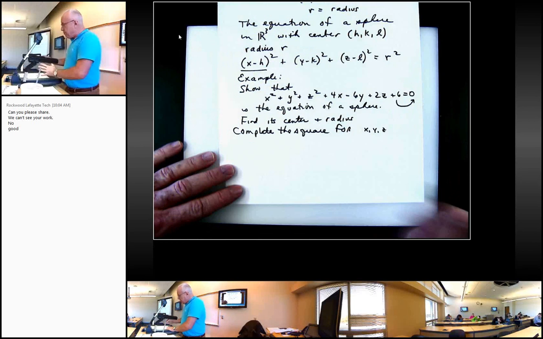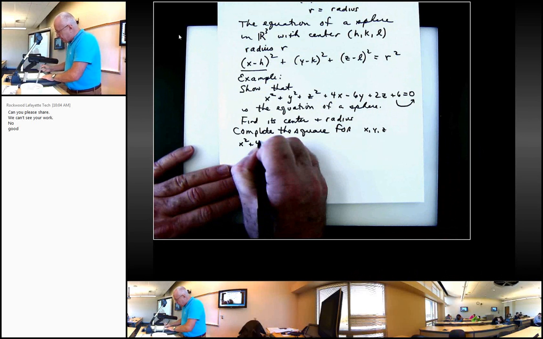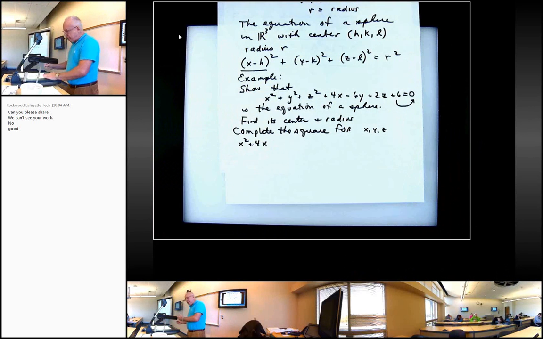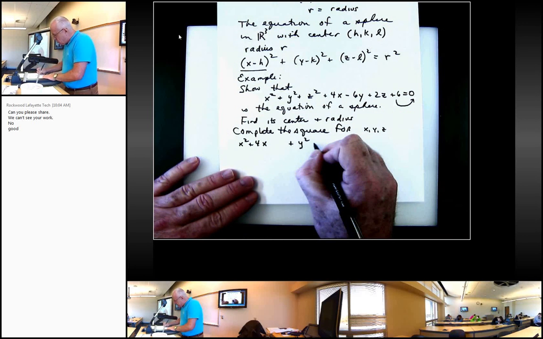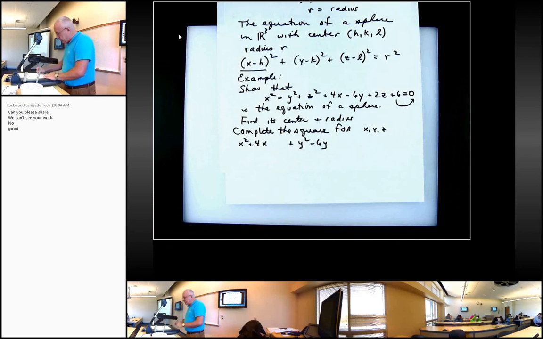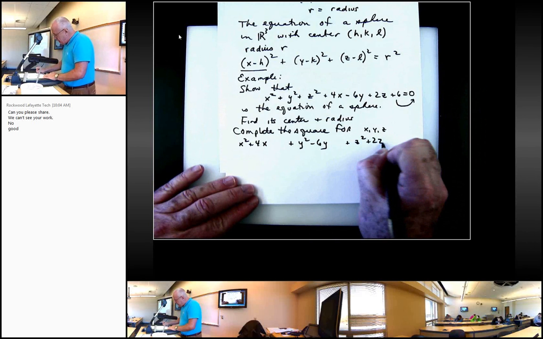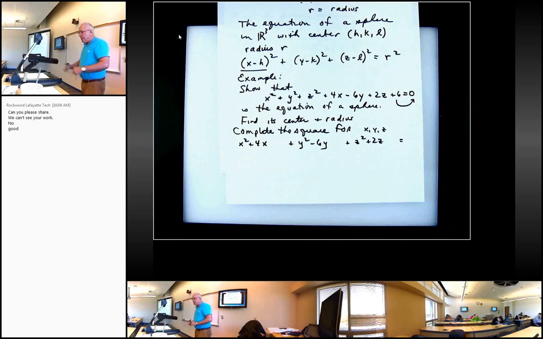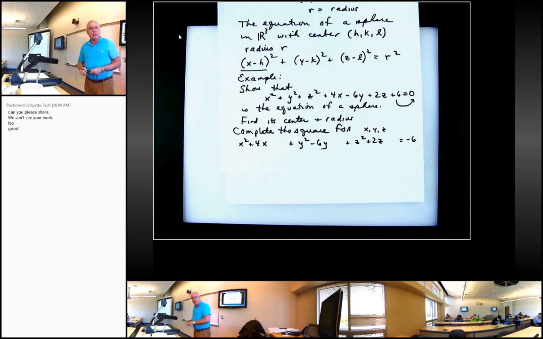So let's bunch all the x stuff together. We have x squared plus 4x, and let me leave a space. Then y squared minus 6y, and a space. Then z squared plus 2z, and a space. And then I'm going to move that 6 over, so that'll be a negative 6 on the other side.